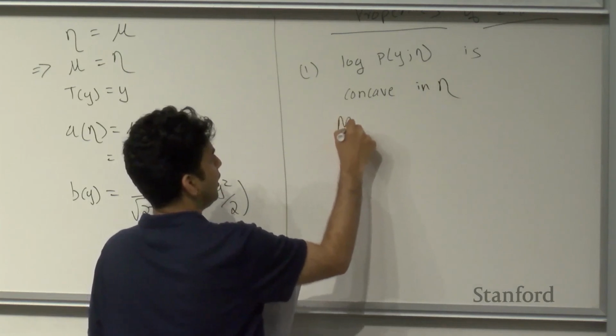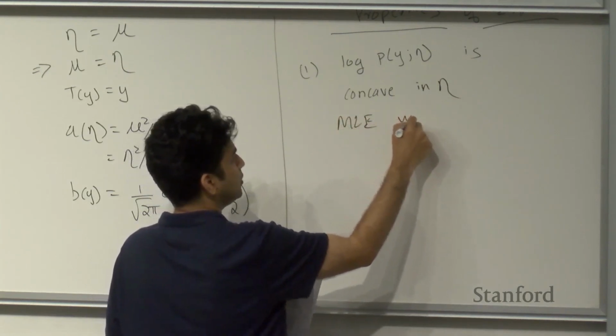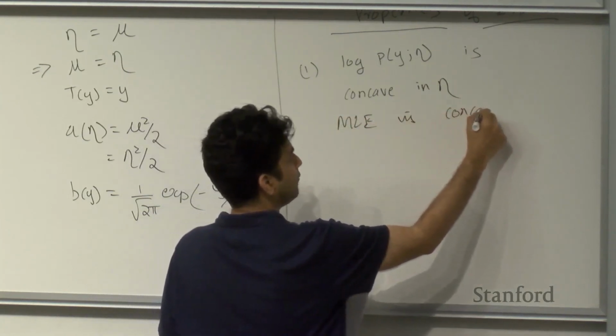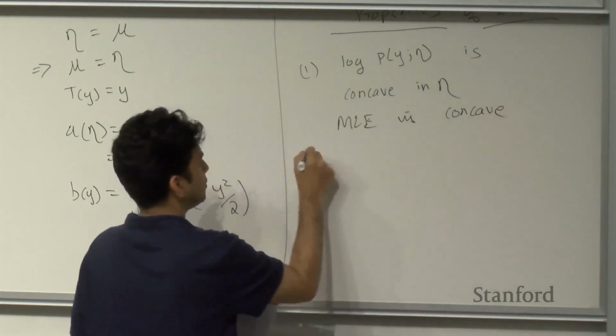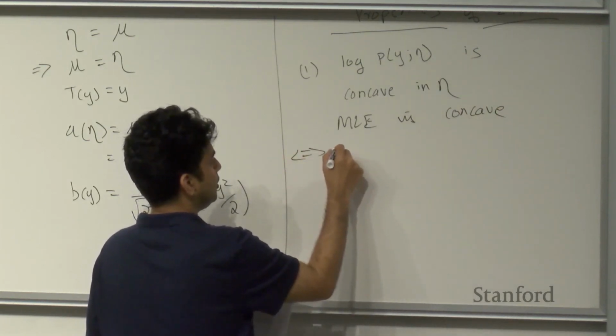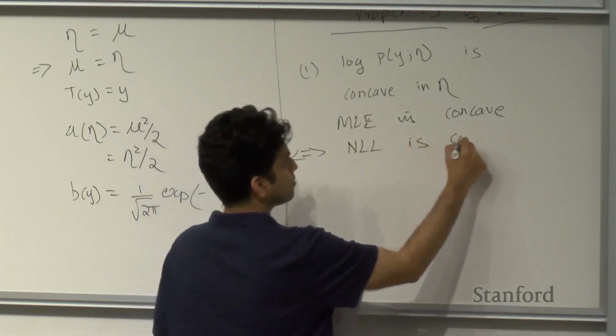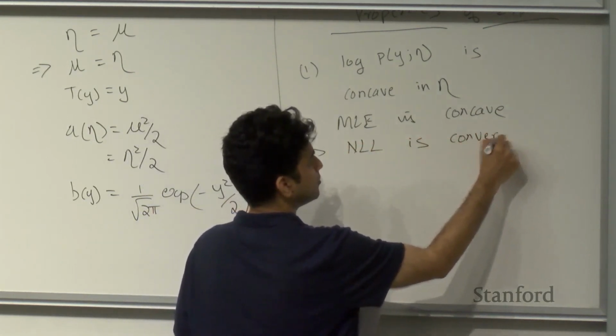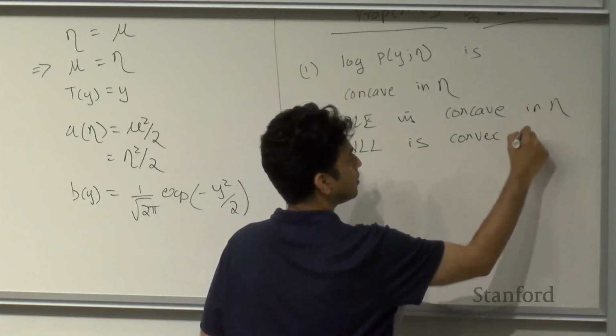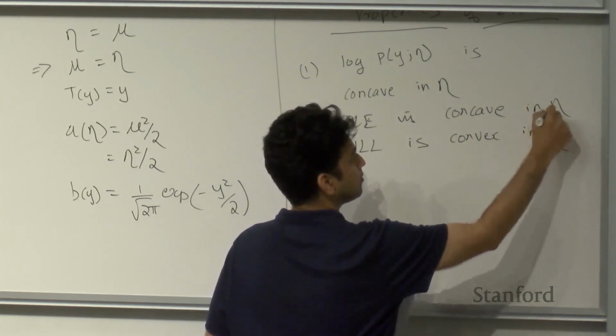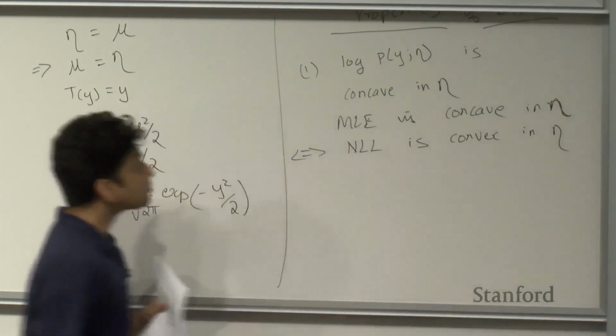That is, the log likelihood is concave, which is the same as saying the loss function, negative log likelihood, is convex in eta, right?